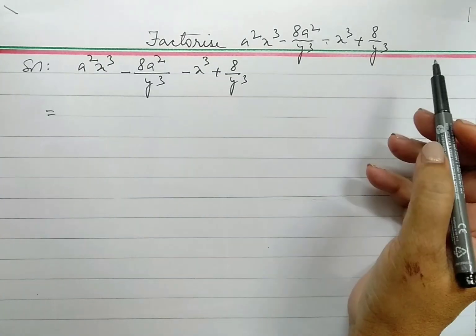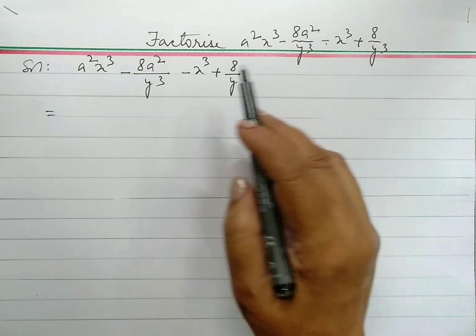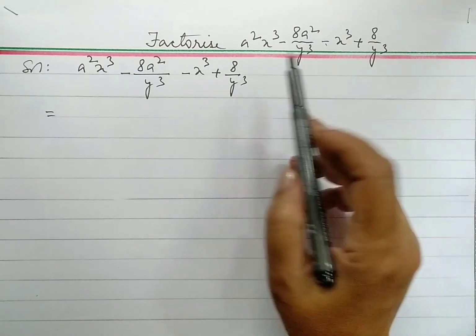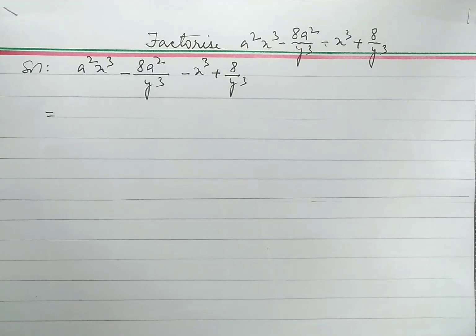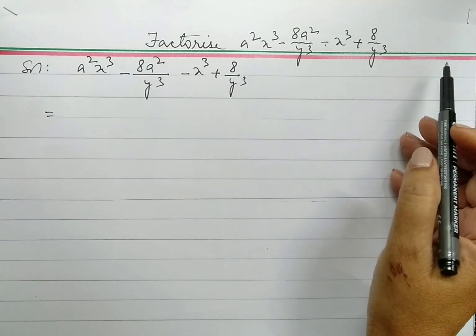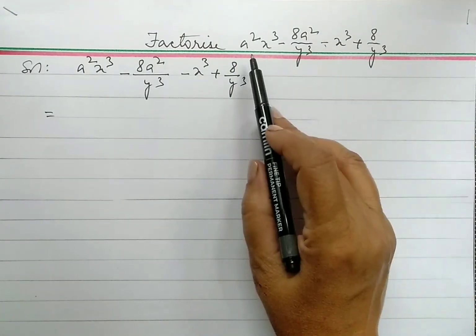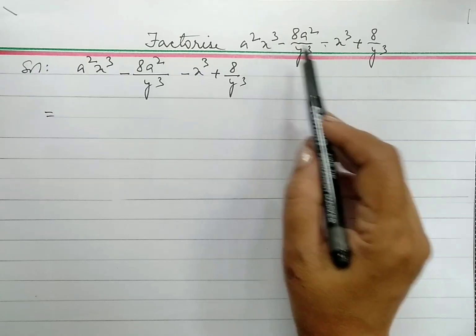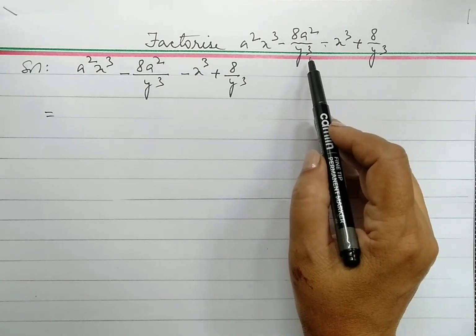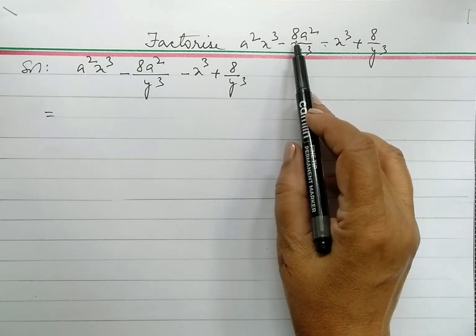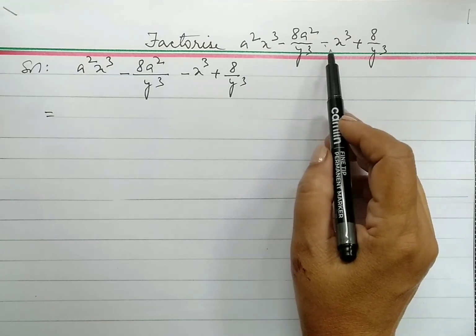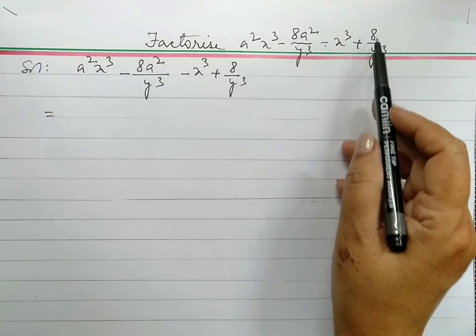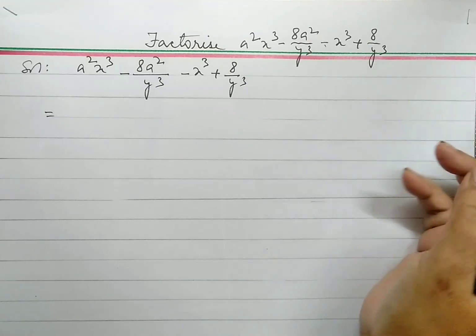So here is another interesting question on factorization. Our question seems very much a mixture of too many variables: a square x cube, 8a square, it has a coefficient of 8, a square, and y cube, then minus x cube plus 8 upon y cube.